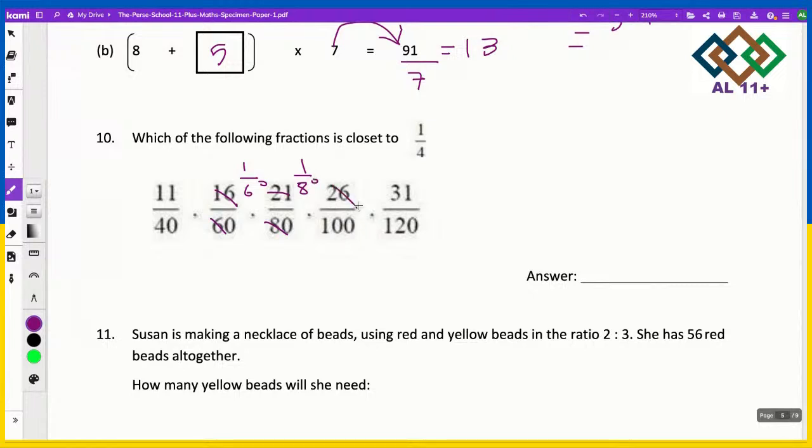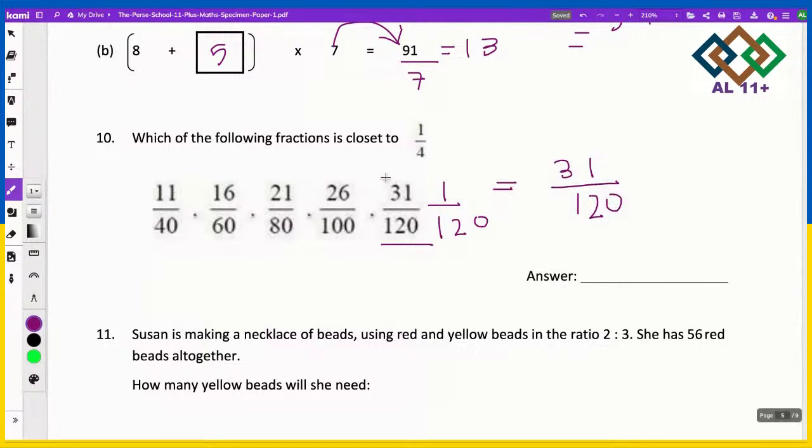And 31, if you keep doing it, that would be 31 over 120.